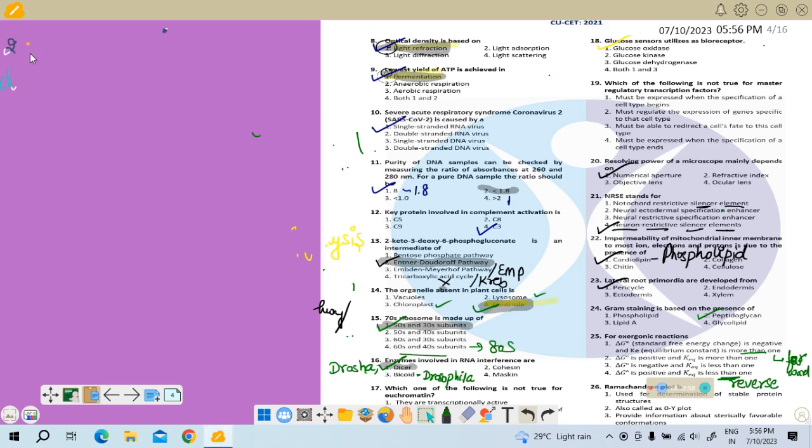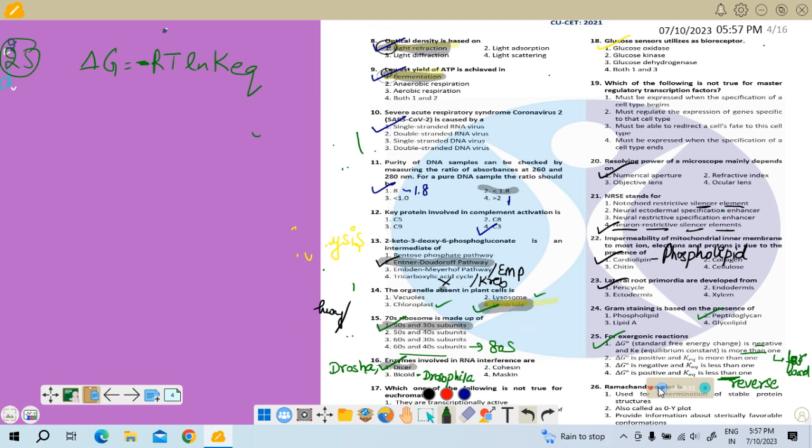Okay, so here delta G is equal to minus RT ln Keq. So delta G is negative here. So the first option, delta G is negative and equilibrium constant is more than 1, forward.